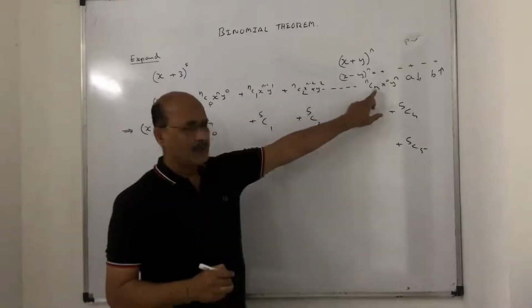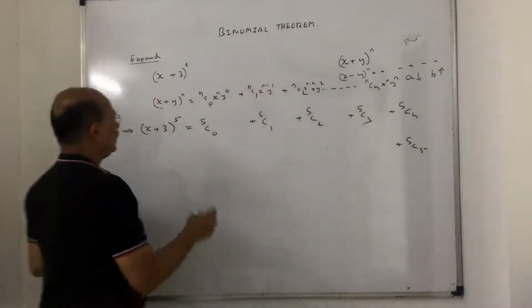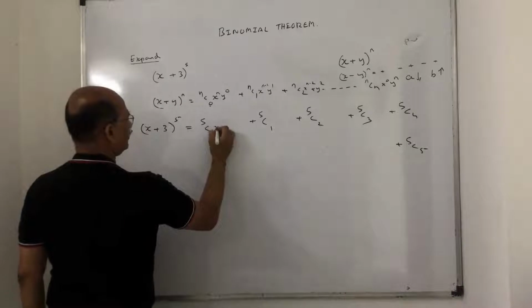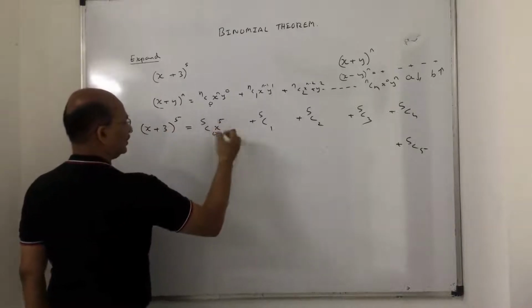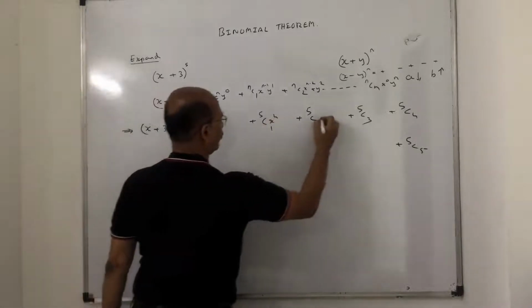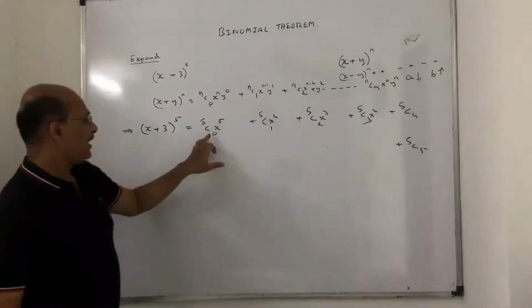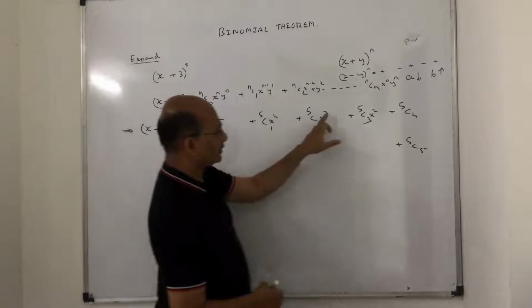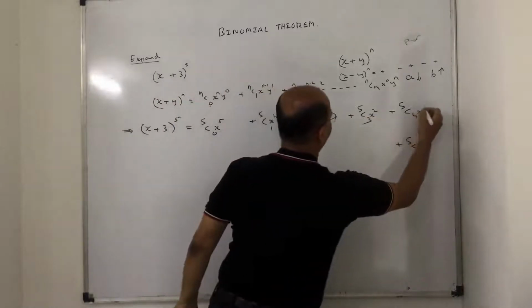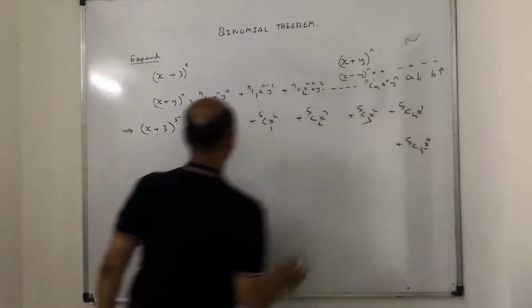As I said, it ends with nCn. Then the first term is raised to 5 and reduces: x raised to 5, x raised to 4, x raised to 3, x raised to 2, x raised to 1, and here x raised to 0.